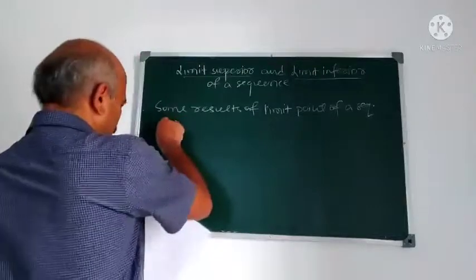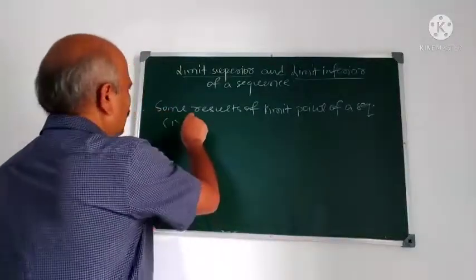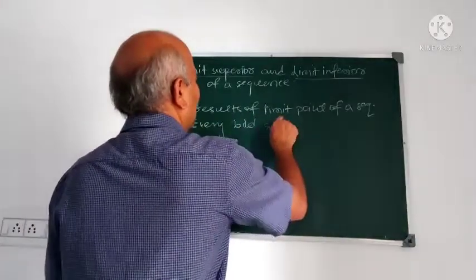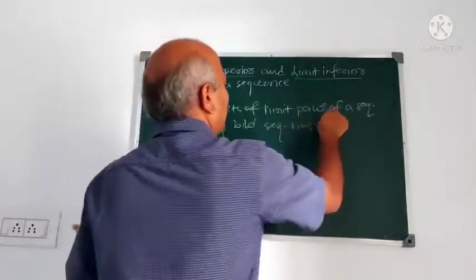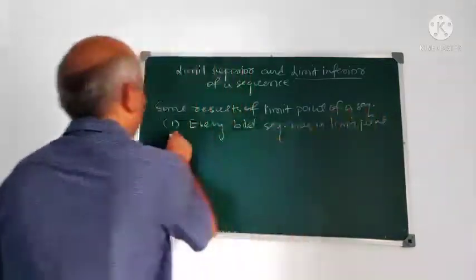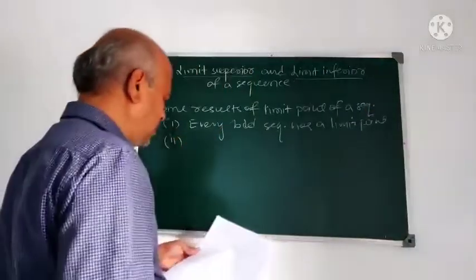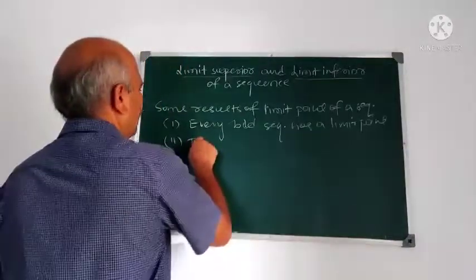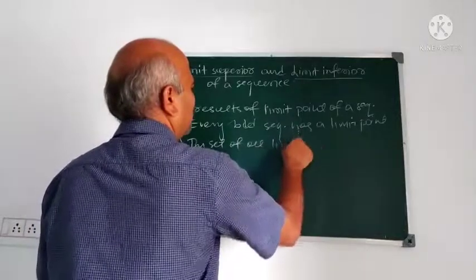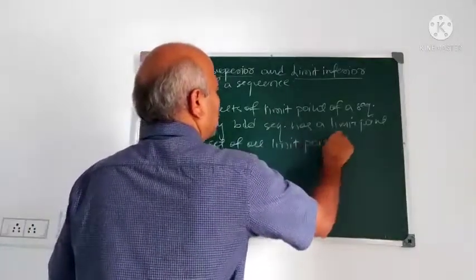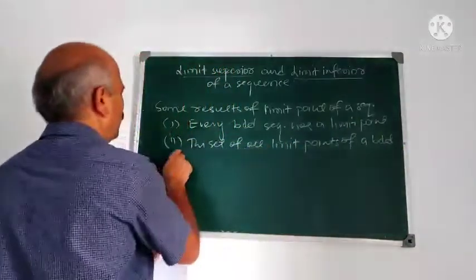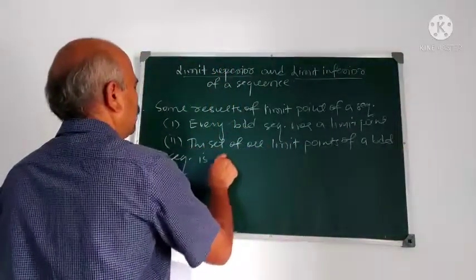First one, every bounded sequence has a limit point. Second one, the set of all limit points of a bounded sequence is bounded.